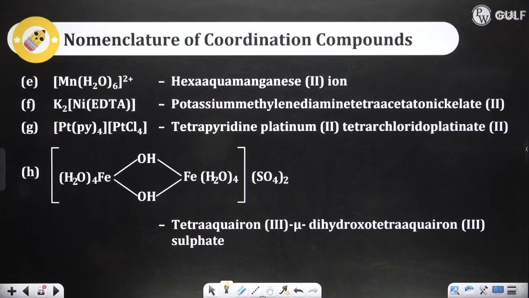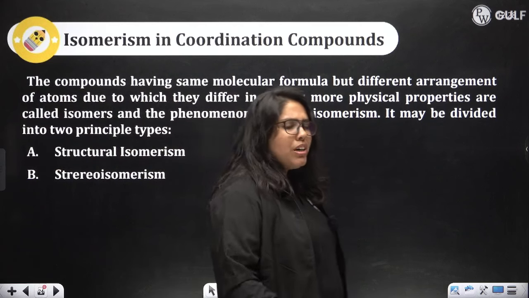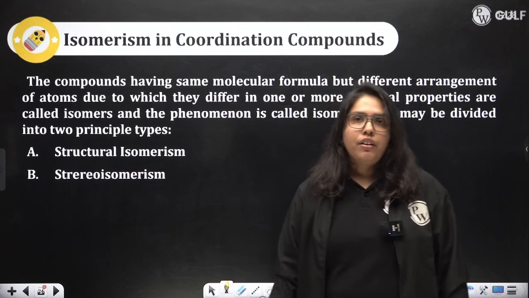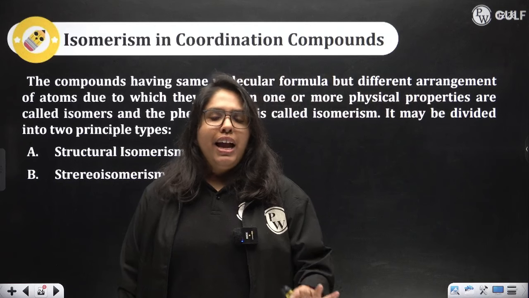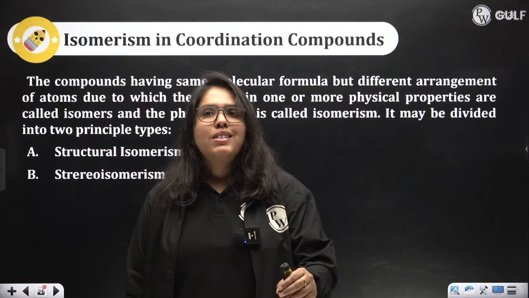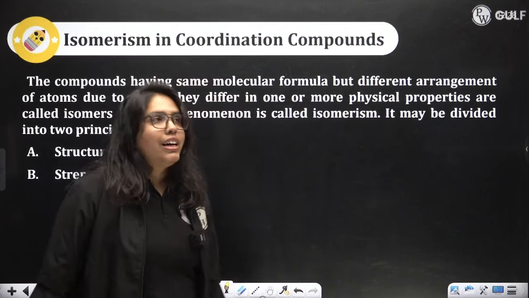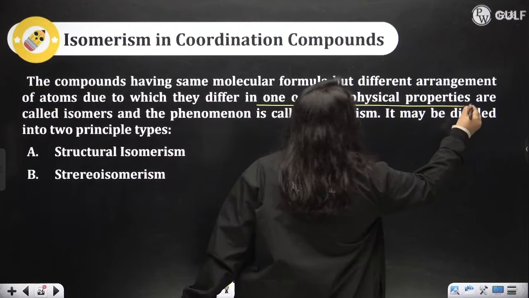So now that we have understood how to name the coordination compounds, let's talk about isomerism. What does isomer mean? Iso, same, mer, units. Basically, isomerism talks about having the same molecular formula but different arrangement of the atoms, due to which they differ in one or more physical properties.